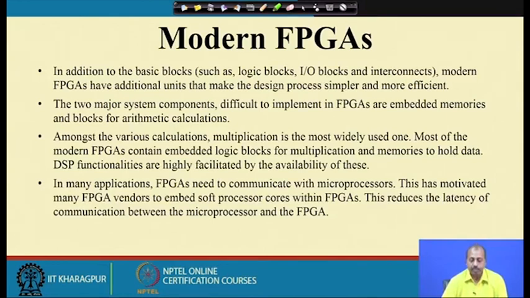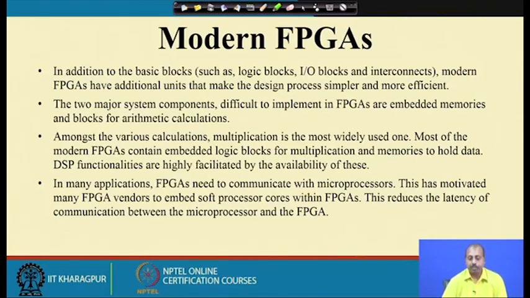Multiplication is the most widely used calculation, because FPGAs may be used for signal processing applications, so multiplication is very important. Most modern FPGAs contain embedded logic blocks for multiplication and memories to hold the data. So, digital signal processing functionalities are highly facilitated by the availability of multipliers and memory.